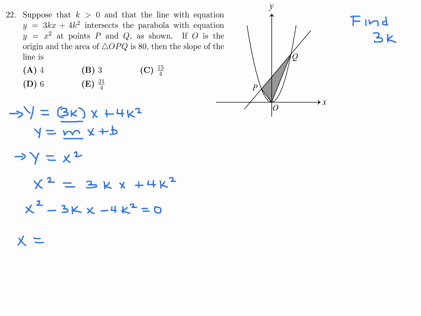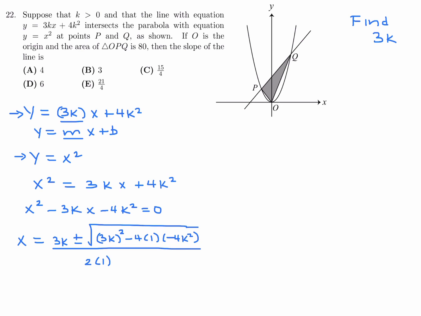So x will be equal to minus b plus or minus the square root of b squared minus 4ac, and then all over 2a. So that's going to give me 3k plus or minus the square root of 9k squared plus 16k squared, all over 2.